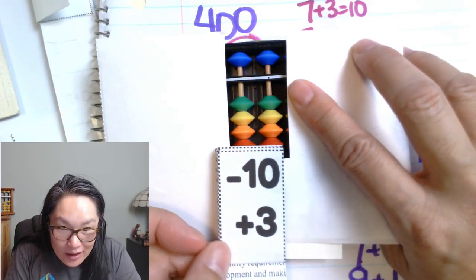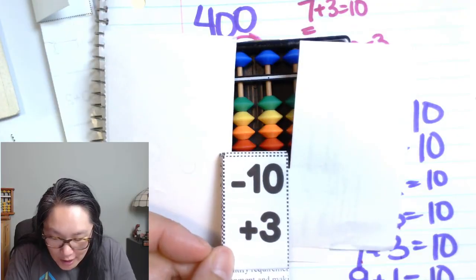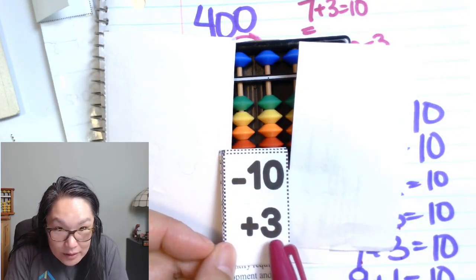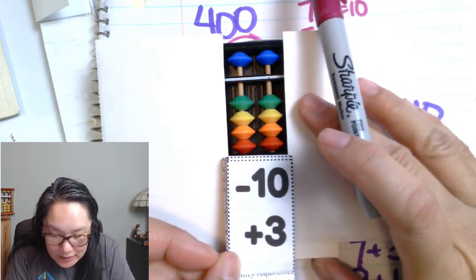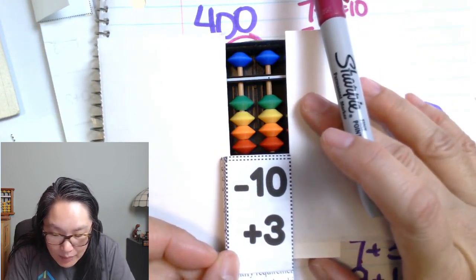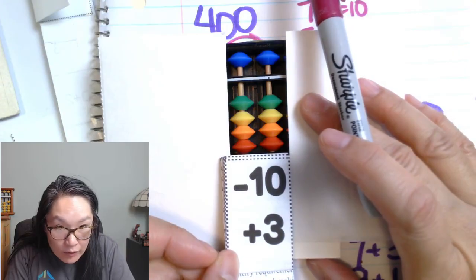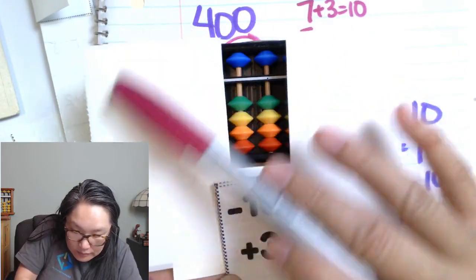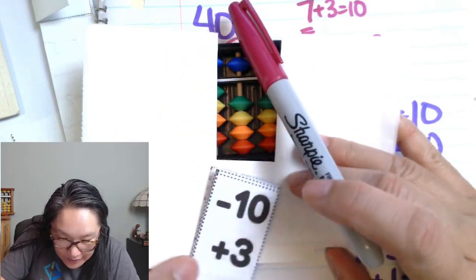So here, if you can look, I want to take away the 10 plus the 3. Does that make sense? So I broke it up, I made my equation, and I made it more vertical. So you will see, I need to figure that out.